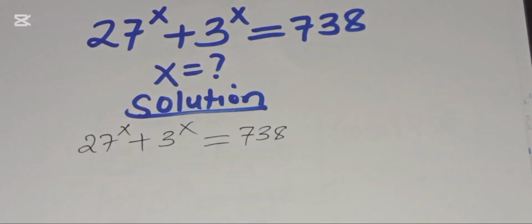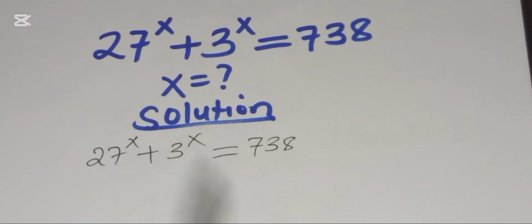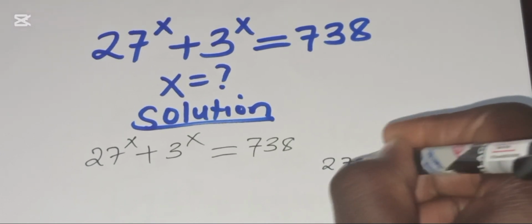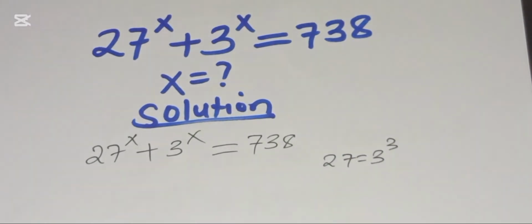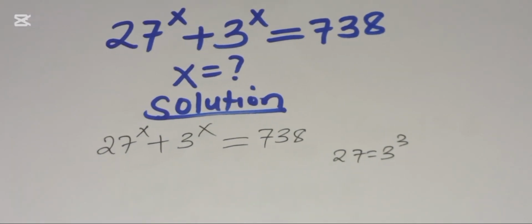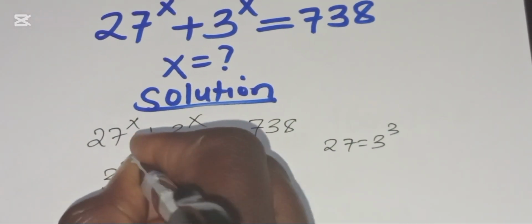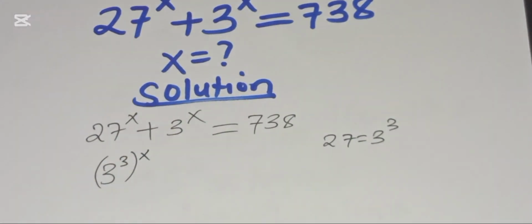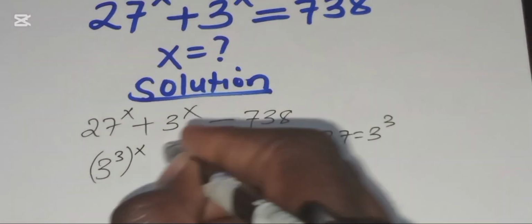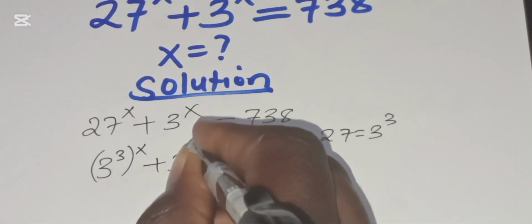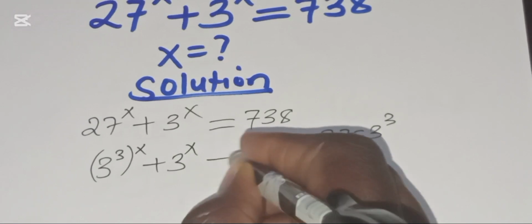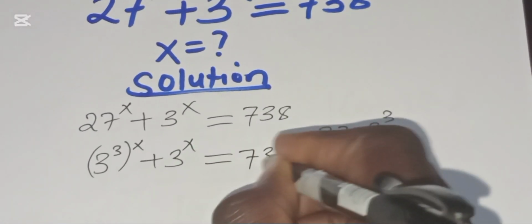Now we can express 27 as 3 raised to the power 3. From here we can substitute 3 raised to the power 3, and we will have 3 raised to the power 3 raised to the power x, plus 3 raised to the power x, equal to 7.8.